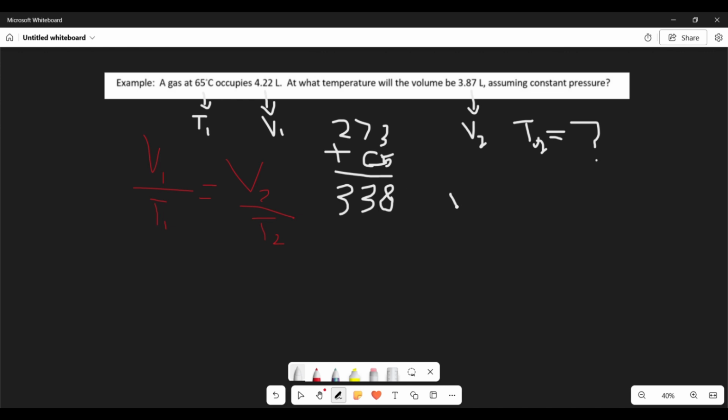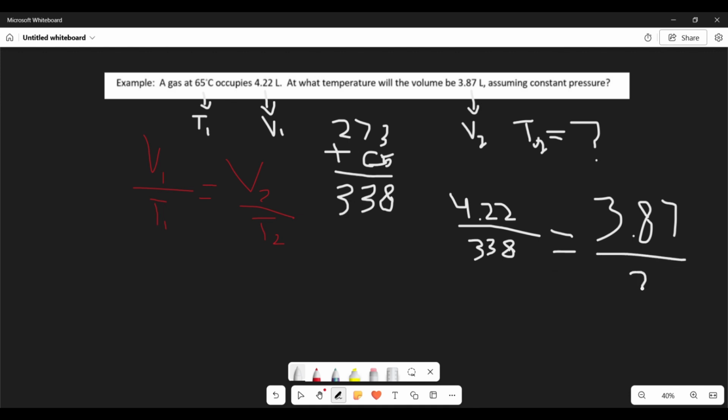So V1 is 4.22 over 338, and it equals V2 over T2, and our V2 is 3.87, and we have no idea what T2 is. That's what we need to solve in our equation.